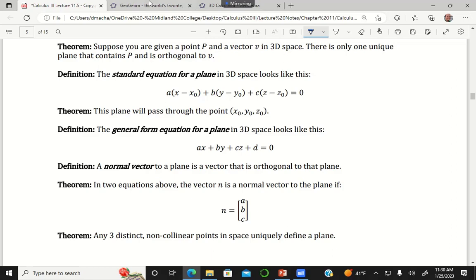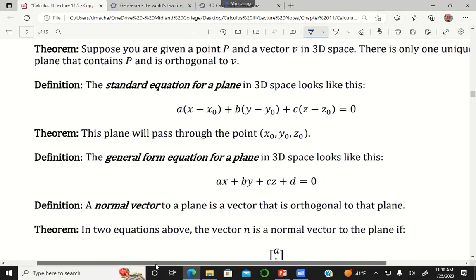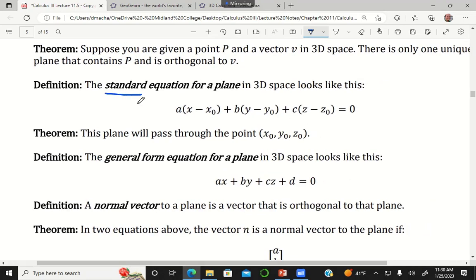So if you want the standard equation for a plane in 3D space, this is what we call the standard equation. There's a standard form equation, and a general form equation. But the standard form is going to be this, which is important to have in your notes.